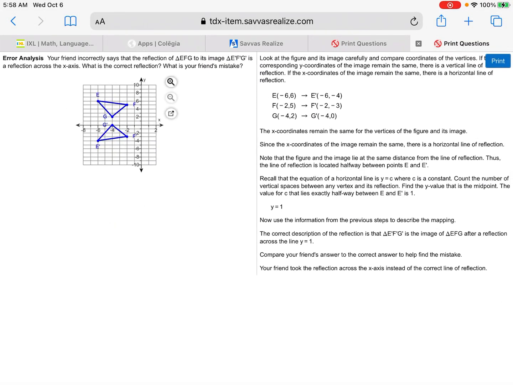Let's see, it says look at the figure and its image carefully. Okay, so here it's just showing what the student put. And then it goes on to the sentence after. The x-coordinates remain the same. Okay, we know that about those reflections.